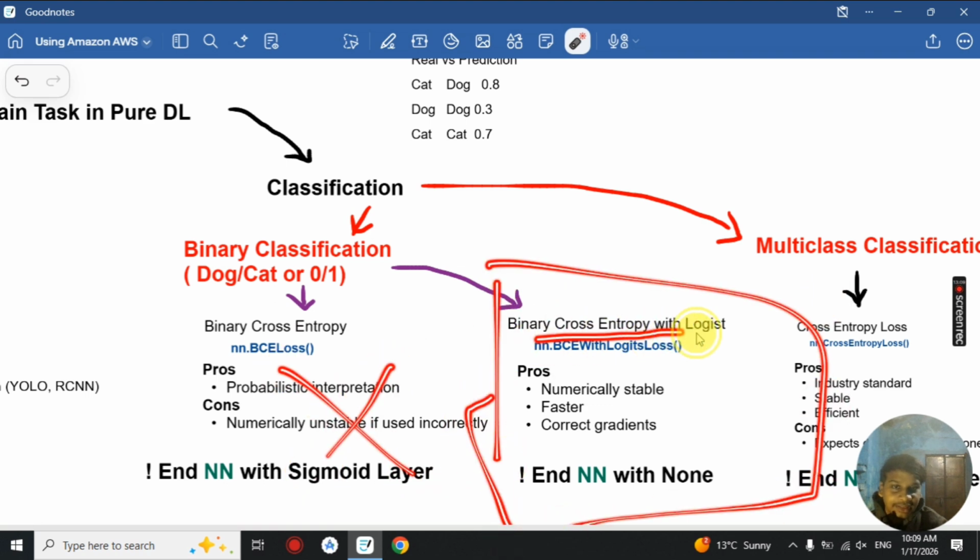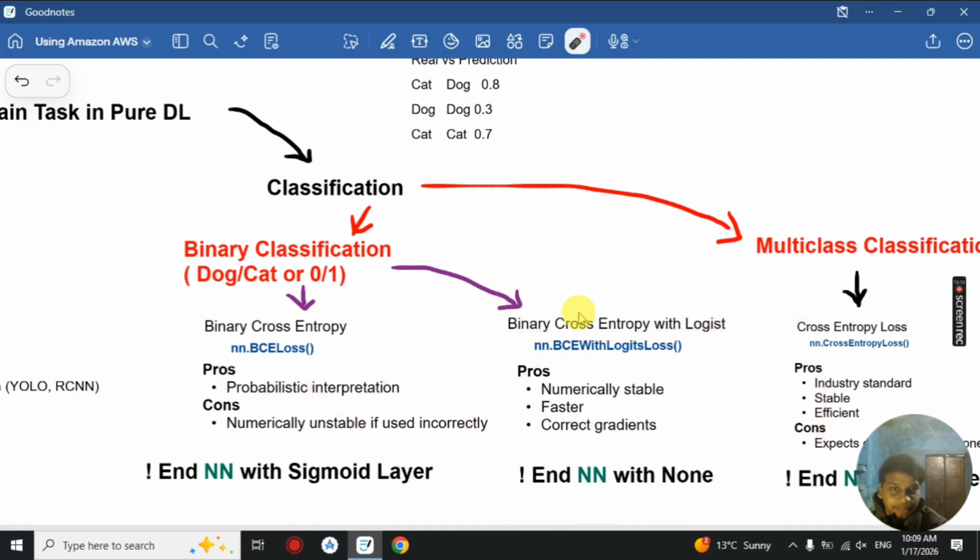Binary cross entropy with logits loss is mainly used in binary classification. It is defined using this, and the pros are that it is very numerically stable, faster, and gives correct gradients.